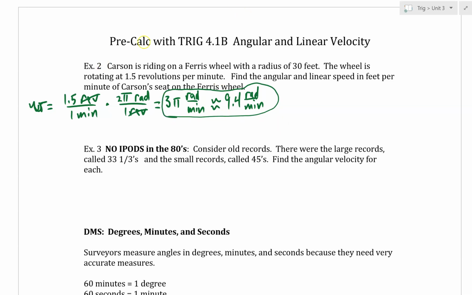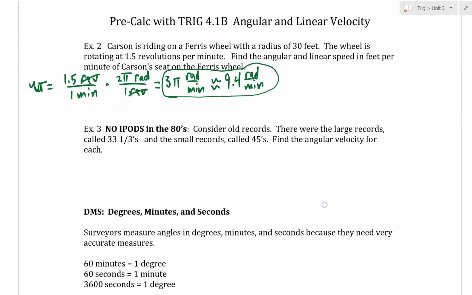And then the second part of the answer, they want to know what's the linear speed for this person. So our linear speed, we'd say velocity, or whatever you want to say. It's 30 feet, because that's the radius, times the actual angular speed of 3 pi radians per minute.